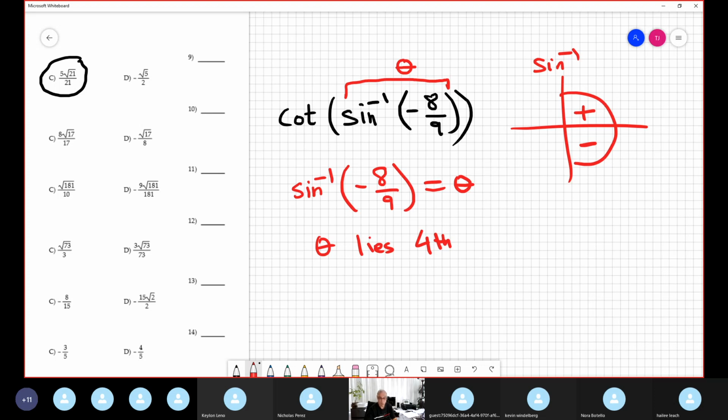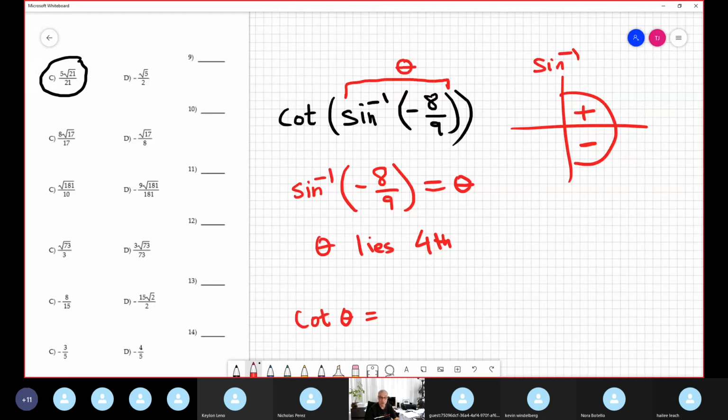Don't forget that because in the final answer, I need to find cotangent theta and theta lies in the fourth quadrant. And cotangent in the fourth quadrant is positive or is negative? Negative. So don't forget, please, that my final answer is minus something. Right? Minus something.